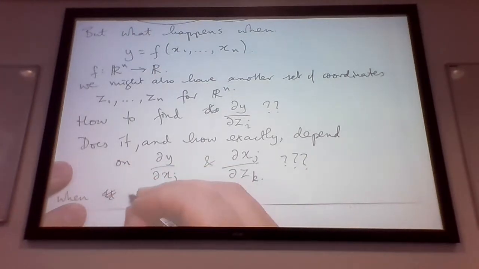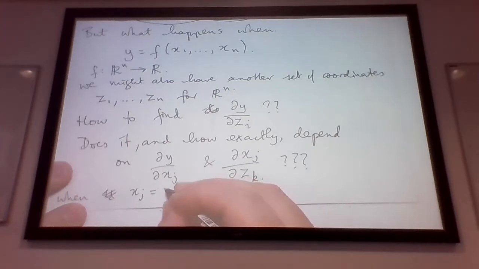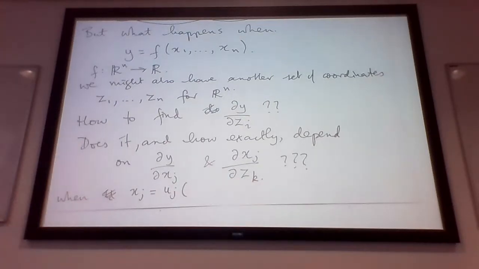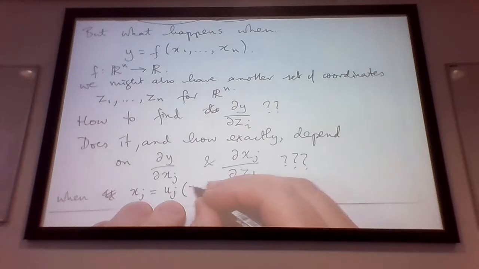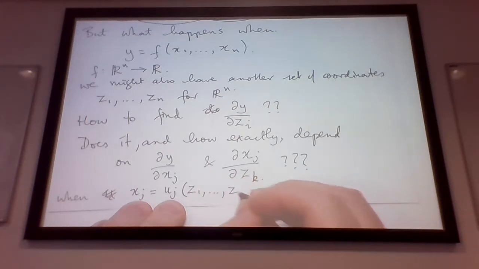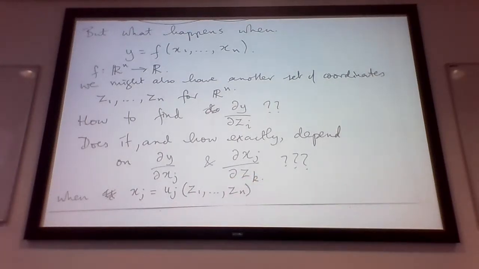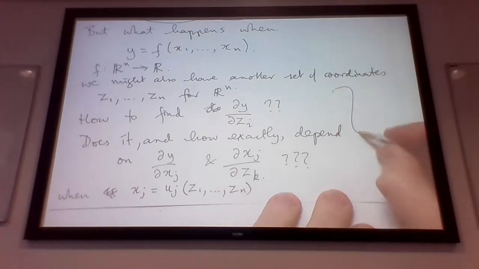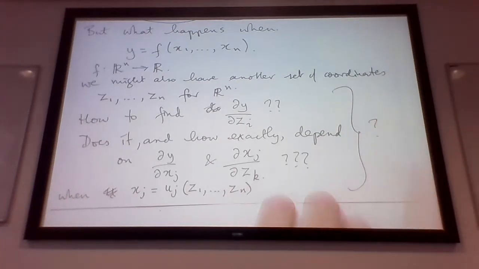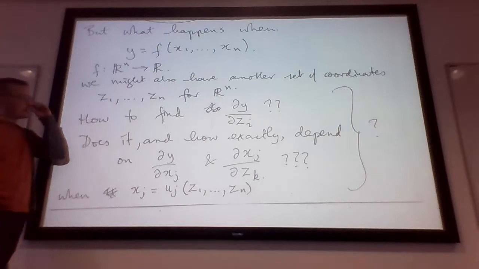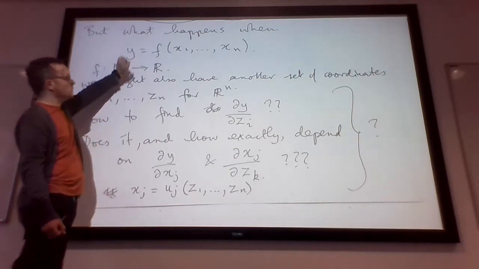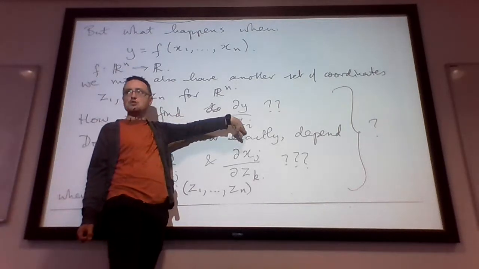And this would be the situation when the variables xj may be given by some functional relationship uj to all these new coordinates. Okay, so the large question there is how do all these things fit together? How do we express and think about the derivative of our quantity y with respect to one of the new coordinates?